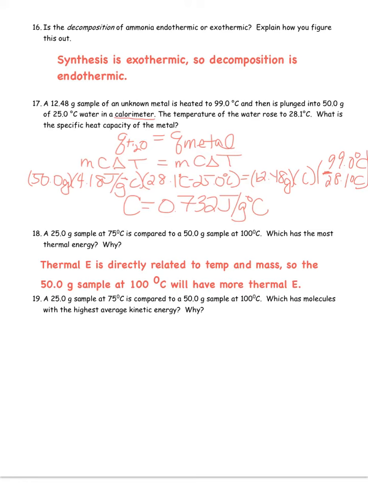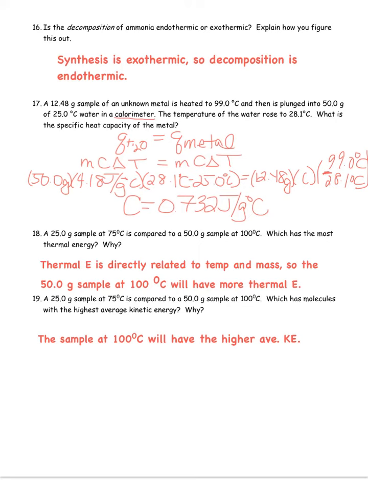Okay, remember that thermal energy is directly related to both temperature and mass when answering this question. So when we look at our sample that has more mass and also a higher temperature, the 50 gram sample at 100 degrees Celsius, that will definitely have more thermal energy than the other sample.